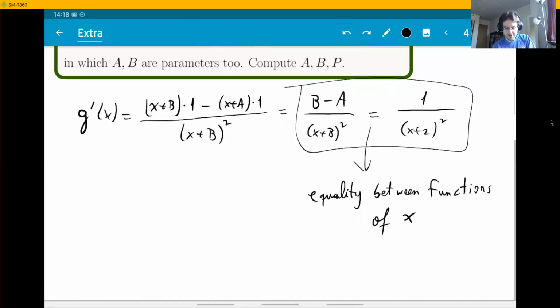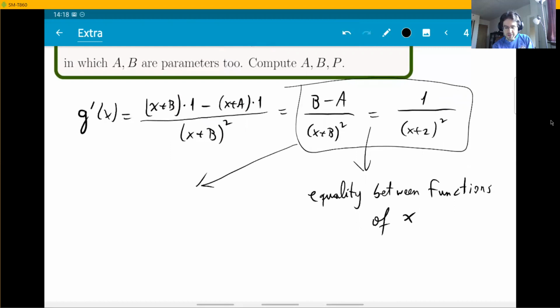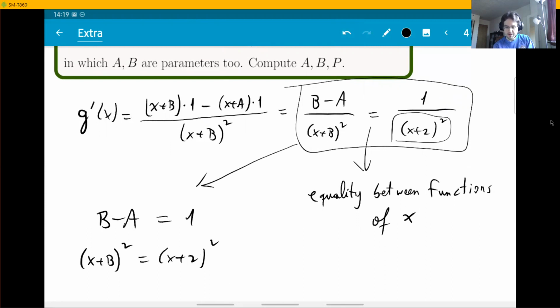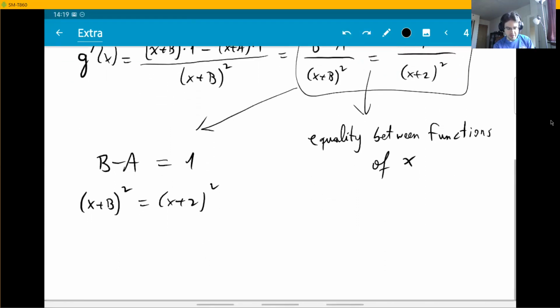That allows you to say, how do you make these functions equal? This constant that appears in the numerator has to be the same as this 1 here. And this term in the denominator, (x plus b) squared, has to be the same as this other denominator, (x plus 2) squared, for all x's. So you immediately get, from the second one here, b equals 2.